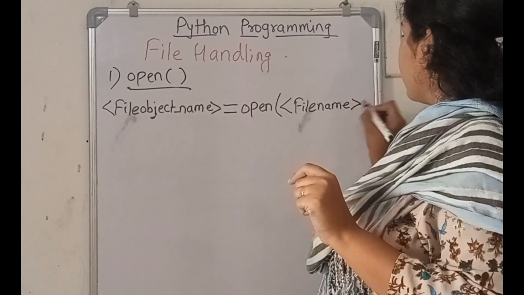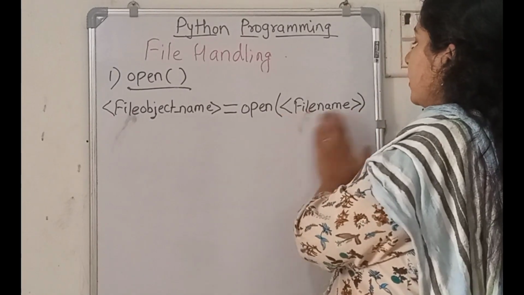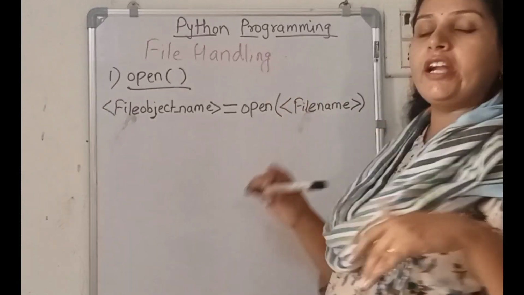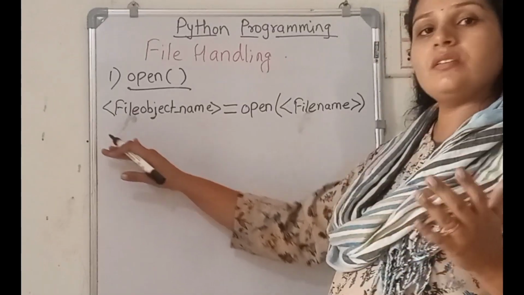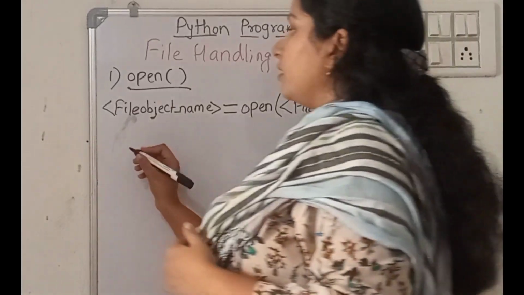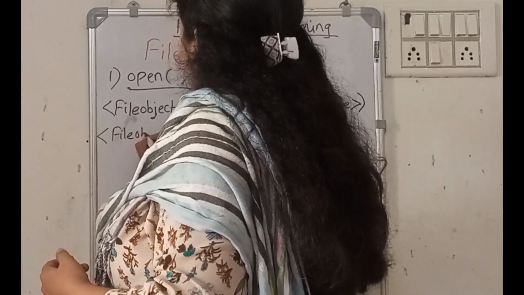By default, if you open the file like this, it will open in the read mode, meaning you can read the file. This is one syntax. The other syntax is where you need to mention the mode.